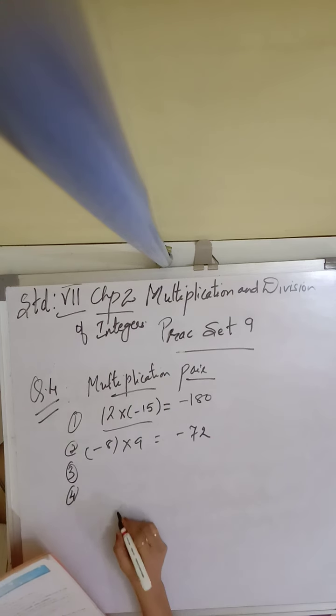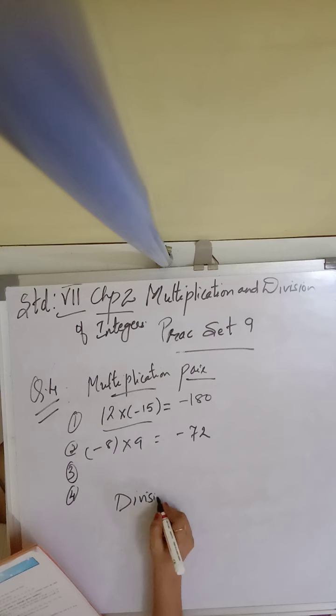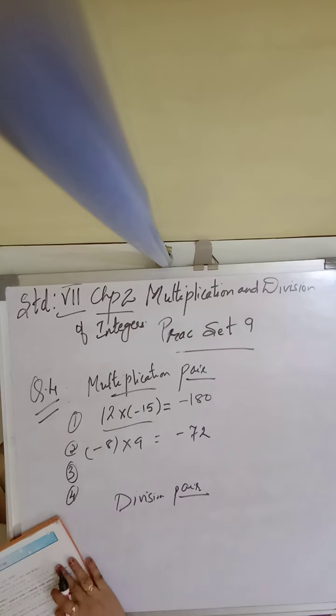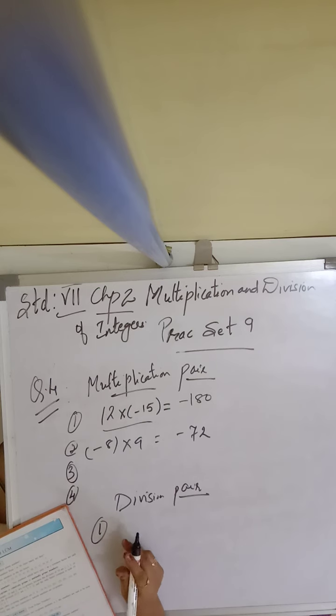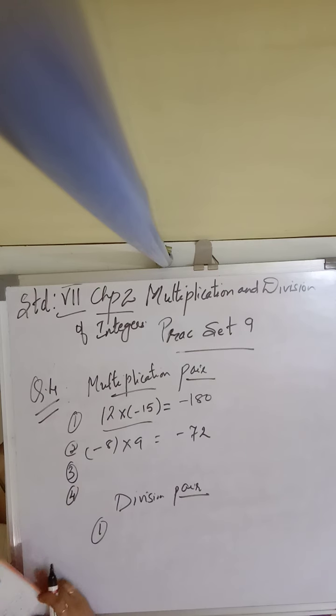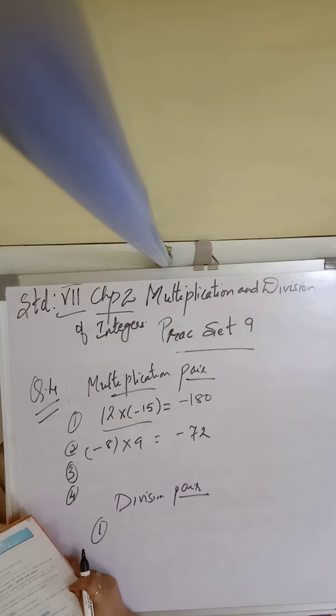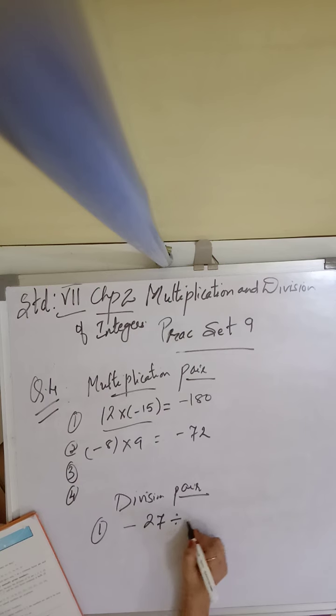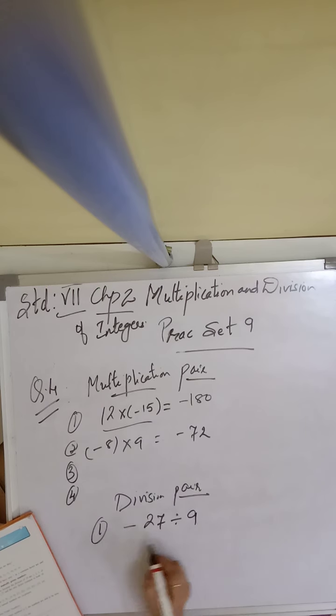Clear? Now for division pairs, here also you are supposed to make 4 pairs. So for any one pair, say for example I am taking one pair, minus 27 divided by 9, yes or no? So this will be equal to what?